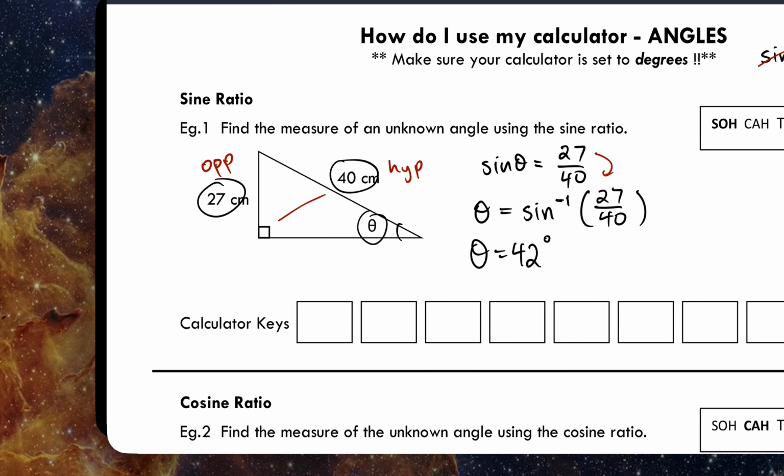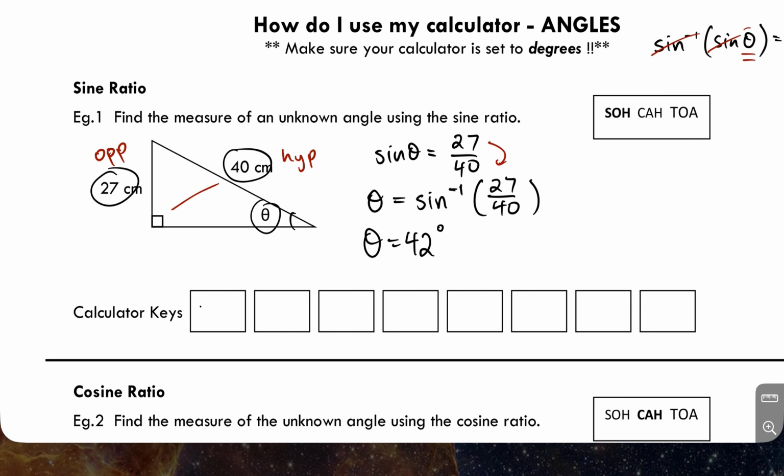So remember, it's going to be second or shift, and then it's sine, bracket, 27 over 40, and then one more button to close the bracket.